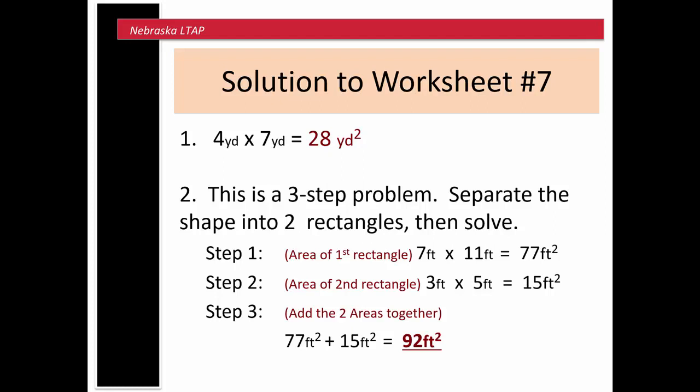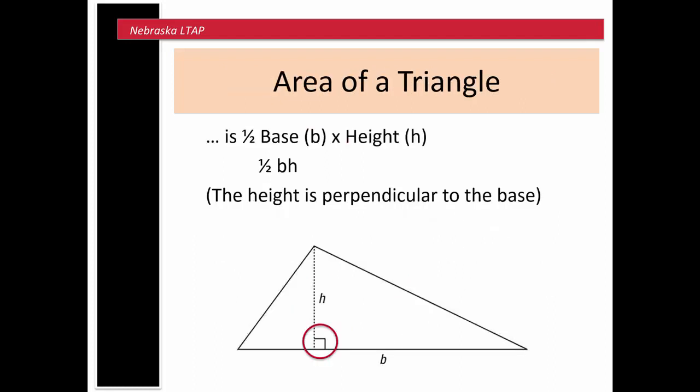I do have to calculate the dimension on the side there. I know 3 feet across the top, but what is that little chunk right there? We know that the whole side there is 12 feet, and we have 7 feet on the other, so 12 minus 7, what's left is 5. So we know that other dimension on that box is 5. So 3 feet by 5 feet is 15 square feet. Add those together, we get 92 square feet. Hopefully those are the answers you arrived at also.